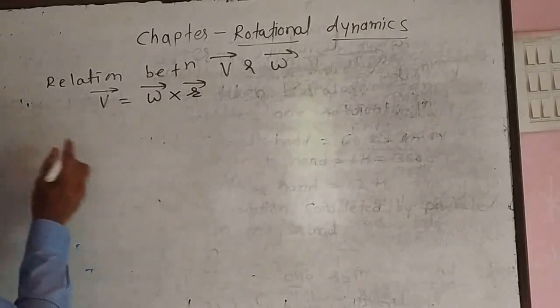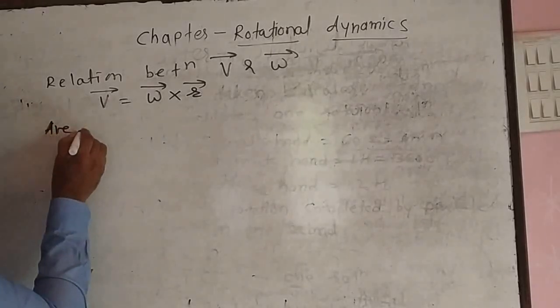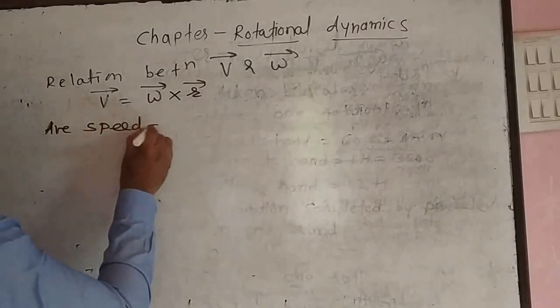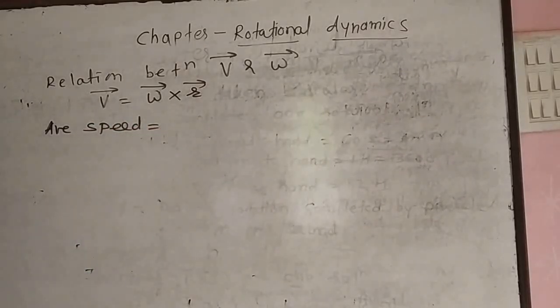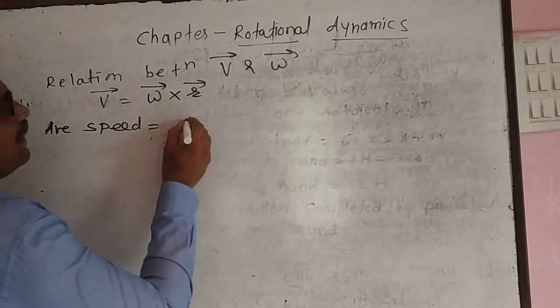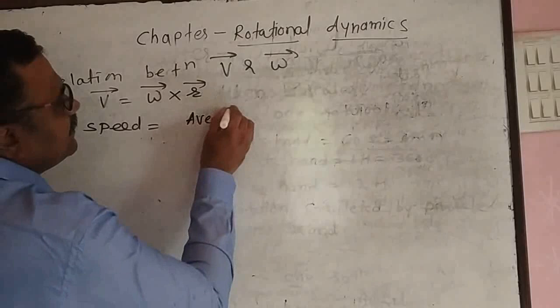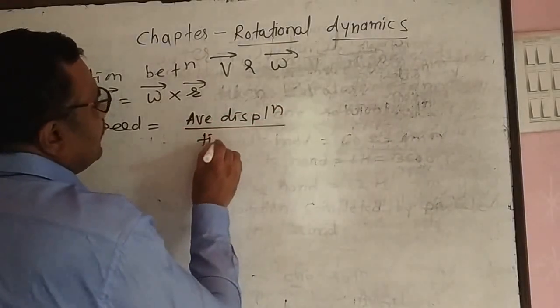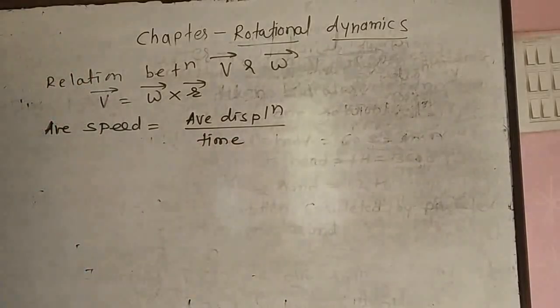Now we calculate the average speed of a particle in circular motion. We know average speed is always given by the formula: distance covered by the particle divided by time taken by the particle.